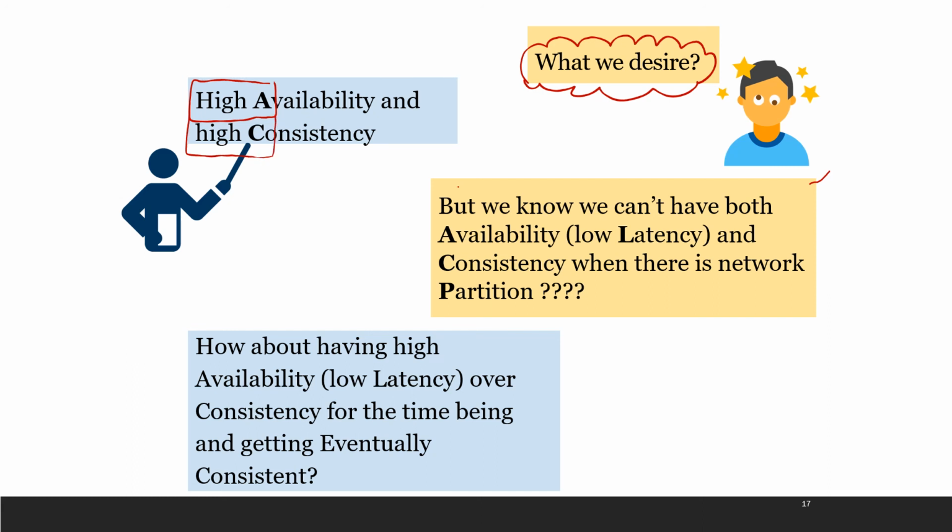But of course, from the CAP theorem and from its extension, we know that with the possibility of network partition, we cannot have both high availability and high consistency. So what should we do?